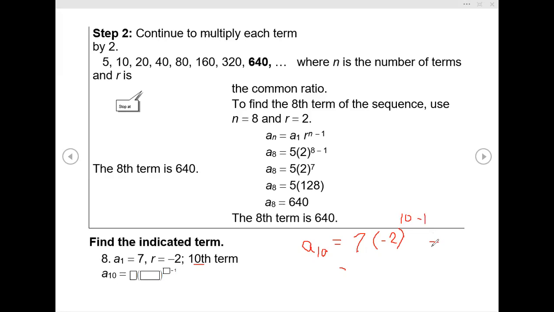Then we will multiply them and find the final answer for this question. This was our lesson today, which is about geometric sequences. Thank you for watching.